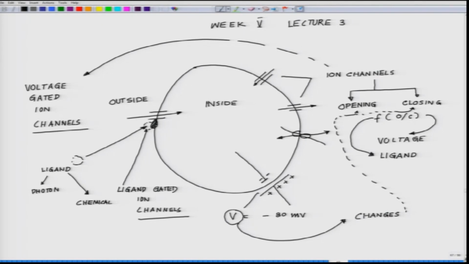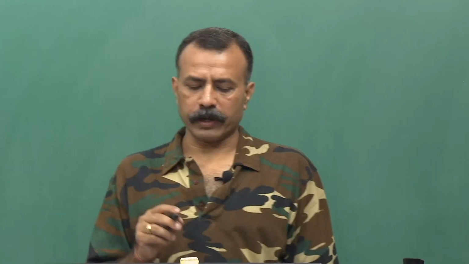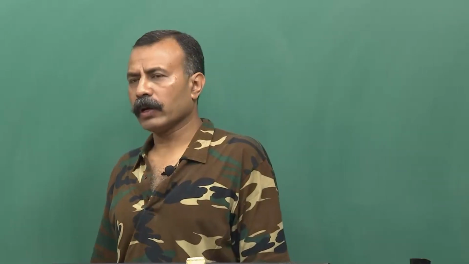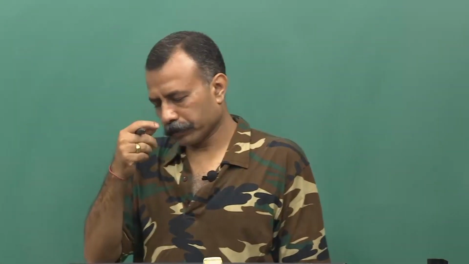So, when an action potential is generated, what possibly happens in the beginning, a ligand possibly comes. I am talking about the sensory structures; we will come later to the central nervous system. There we will talk, there are a few other modifications which take place. A certain ligand comes and binds and it opens up certain inward cation channels. What does that mean?